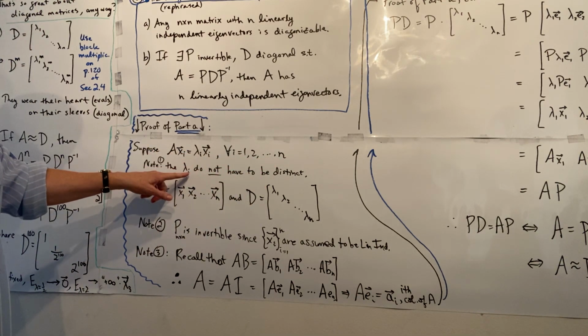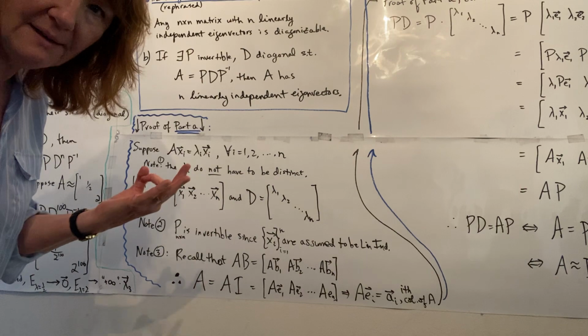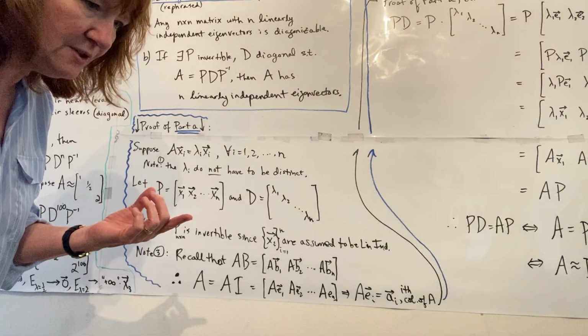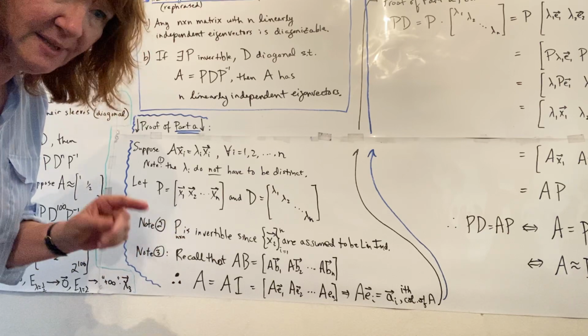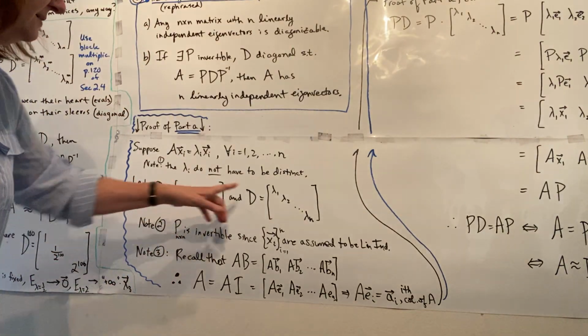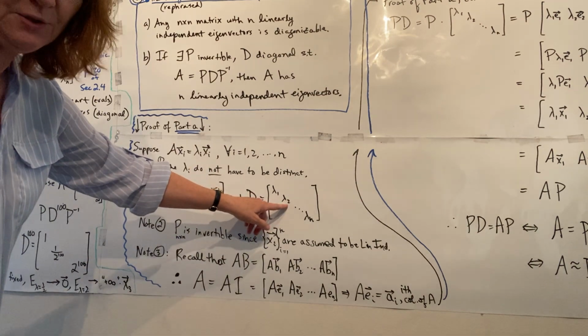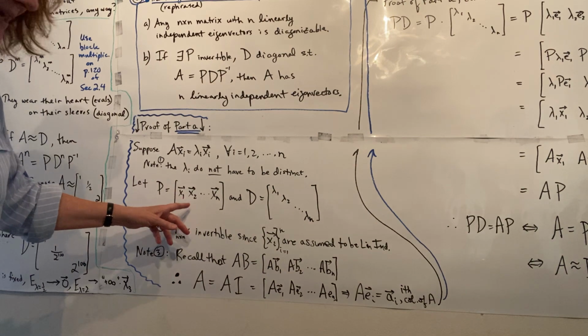Notice that the lambda i here do not have to be distinct. If you remember the previous video, we had a matrix with lambda equal to 2, and it had two linearly independent eigenvectors associated with that eigenspace for lambda equal to 2. So you can have both of these, say, equal to 2, the same eigenvalue, and x1 and x2 different eigenvectors.